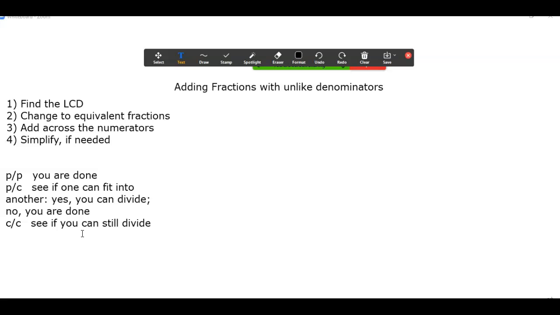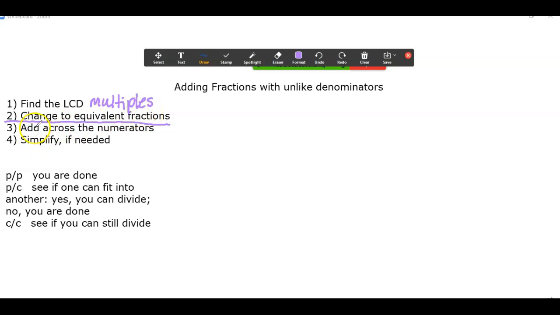All right. So the first 2 steps that you see off to the left there, right here, these first 2 steps is exactly what we did yesterday. No different than what we did. So we find the LCD by looking for our multiples, and then we change to the equivalent fractions. That's all that yesterday's lesson was.